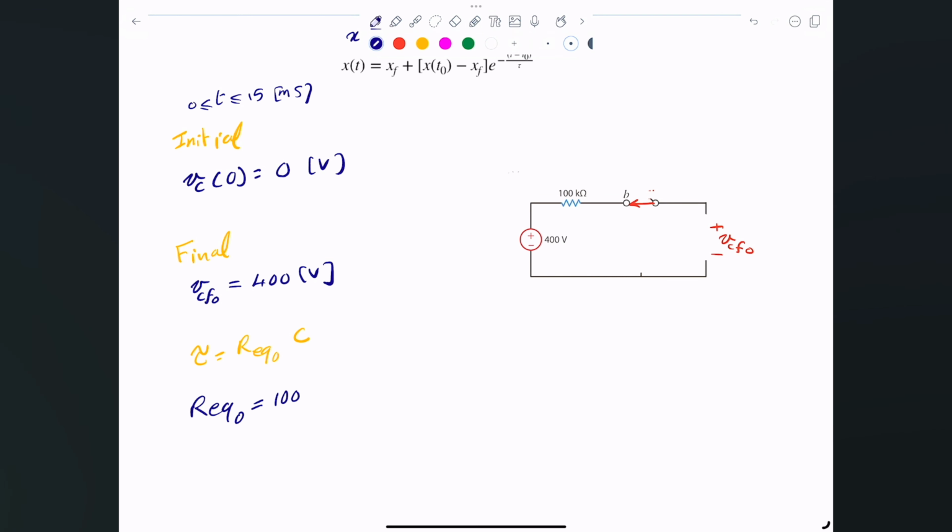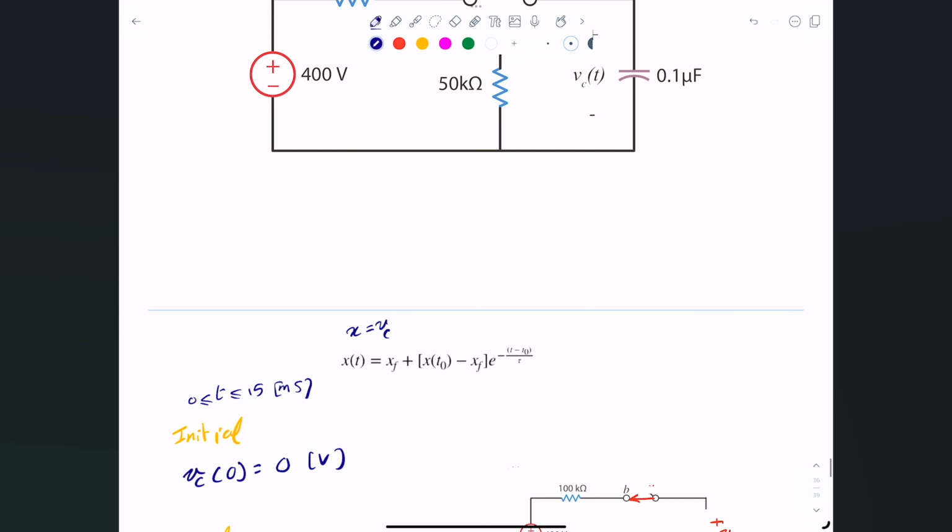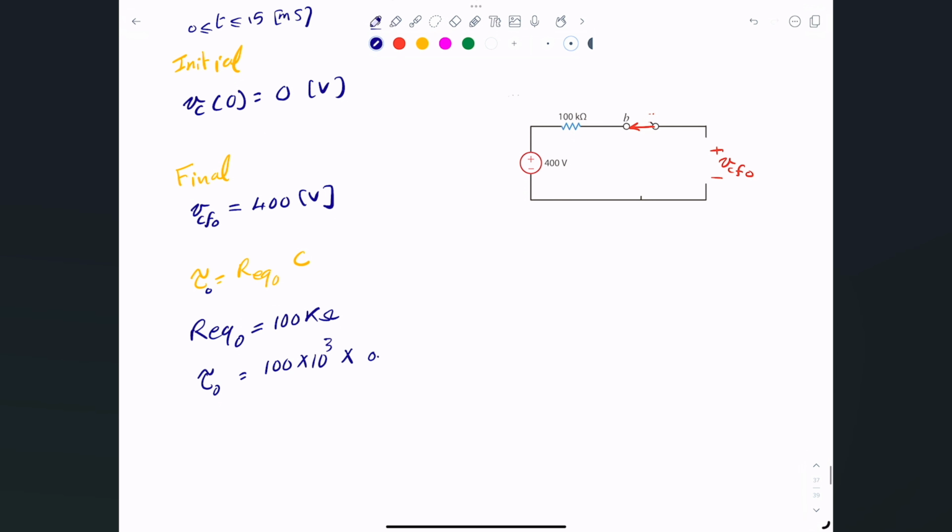So tau 0 is 100 times 10 to the power 3 times 0.1 times 10 to the negative 6, which is 1 divided by 100 seconds. That means 1 divided by tau 0 is 100 second to the minus 1.